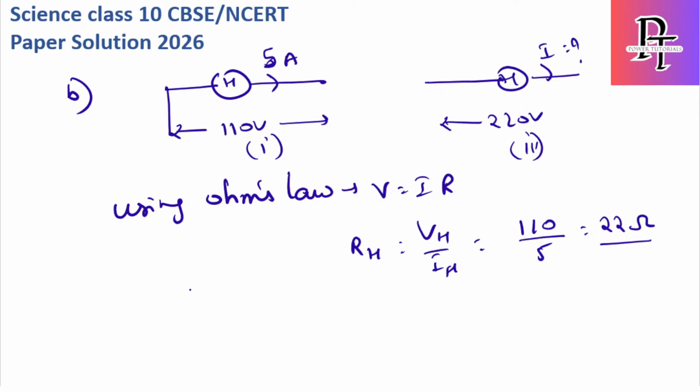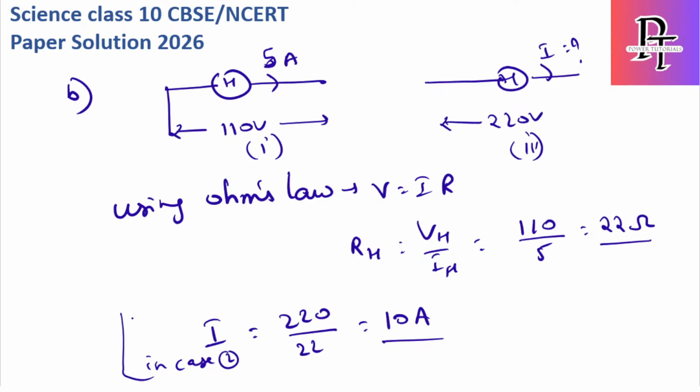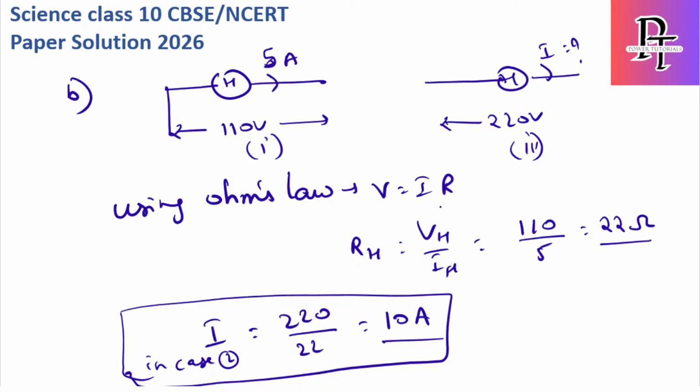In case 2, the resistance will remain the same. So now in case 2, current is equal to V by R. Voltage is 220 volts and R is 22 ohms. So we got 10 amperes. Current in case 2 is 10 amps. For this question, finding the resistance will carry 1 mark and finding the current will carry 1 mark. Okay, let's move to the next question.